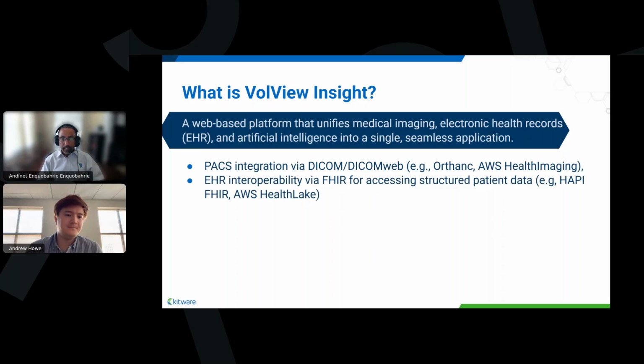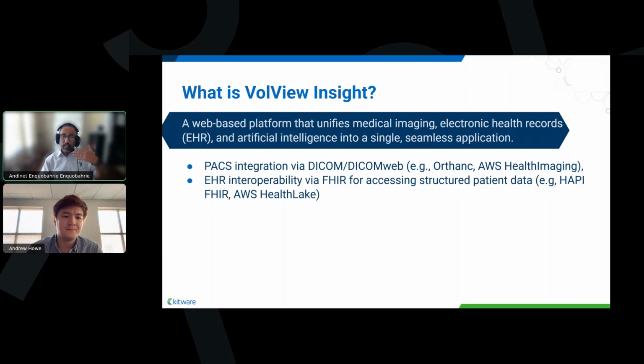Second, it can connect to any EHR system via the FHIR protocol, which is a standard protocol for transmitting structured patient data. In the demonstration that we'll show today, we'll be using an open source server called HAPI FHIR, a FHIR server with EHR data that we'll be directly communicating with from VolView Insight.